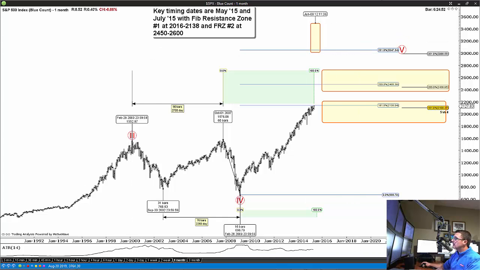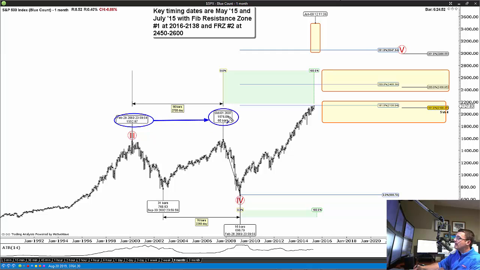Okay, so the first thing we want to look at is the 2000 peak in the NASDAQ, February 2000 at 1552, and obviously we're looking at the S&P. If you go out from the high in 2000 to the high in 2007 post-credit crisis, that was 2,700 trading days or 90 bars.